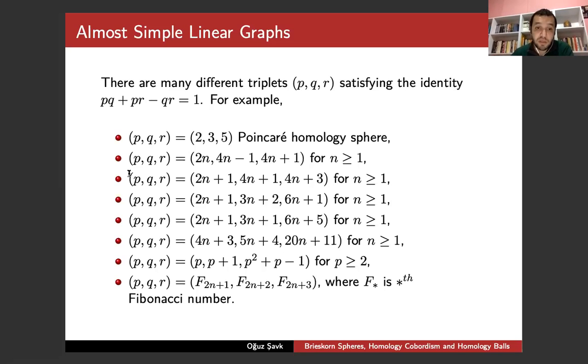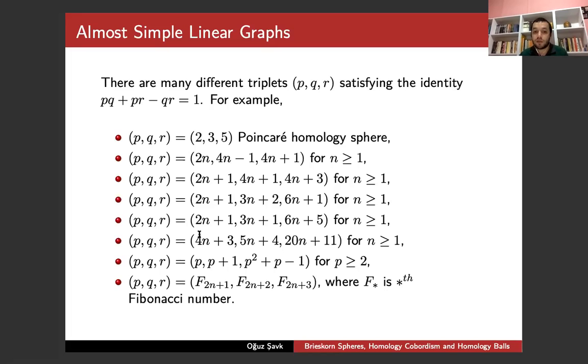The third family, as you recognize, is the first family generating the infinite summands. The fourth, fifth, and seventh are new.